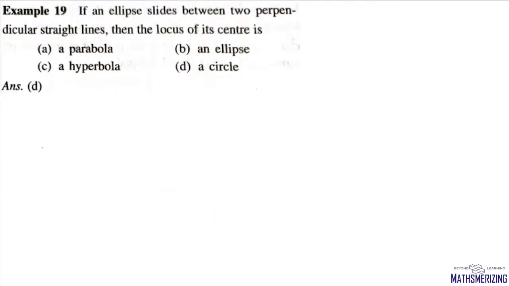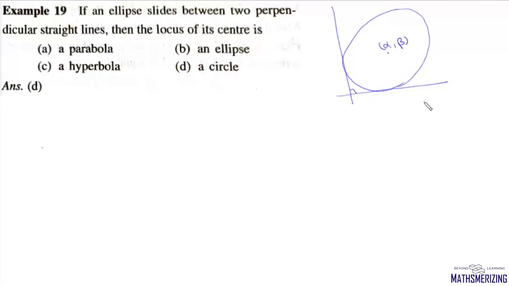Now here the question is, if an ellipse slides between 2 perpendicular straight lines, then the locus of its center is. So we have 2 perpendicular straight lines and then we have this ellipse. Suppose its center is alpha, beta.